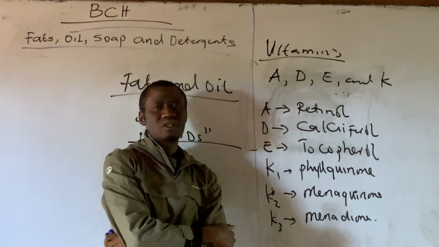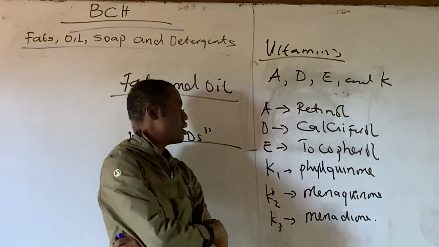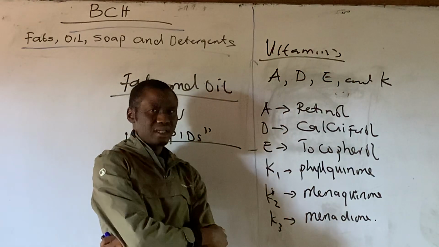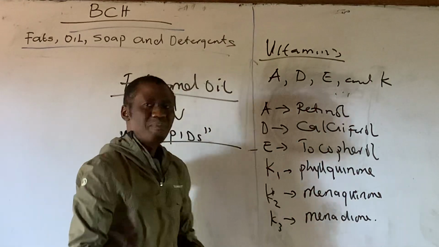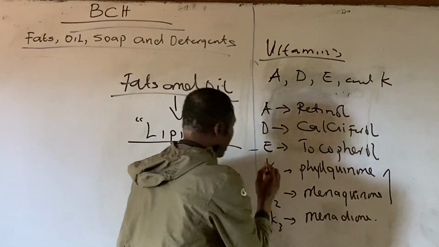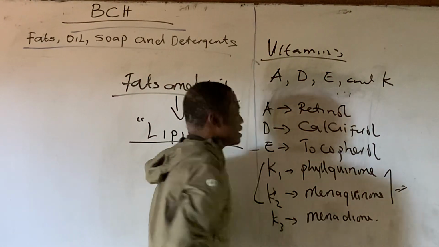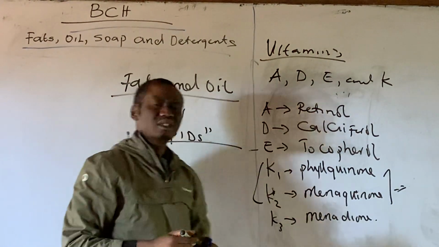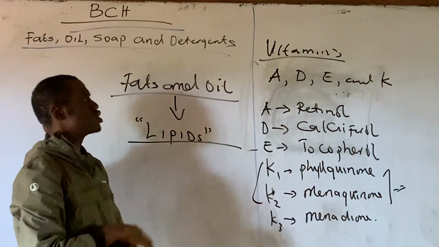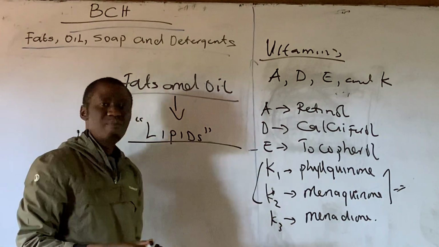So you have to eat a lot of egg or some other sources like liver. So you find that source there. K1, K2, K3 depend on synthesis and on the food that we take. But that's not the concept for today. Let's come back to another example of lipids.